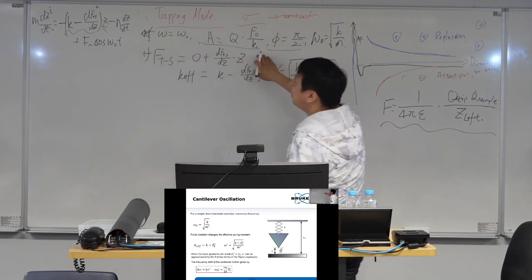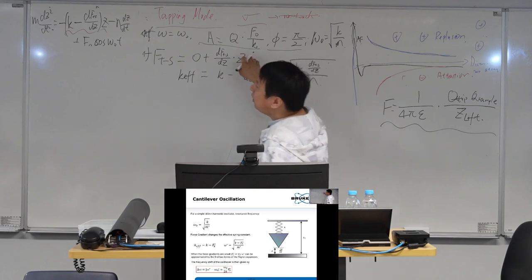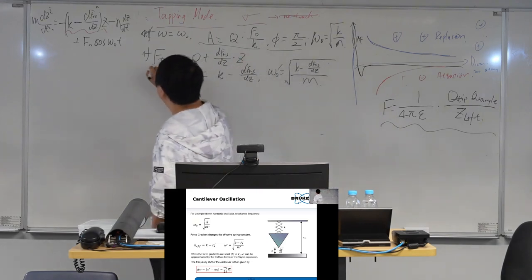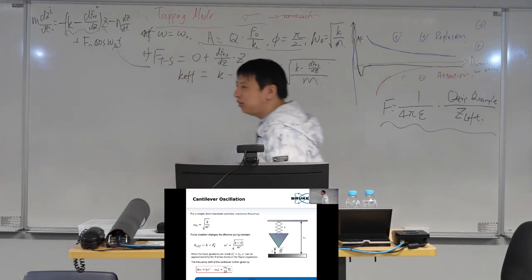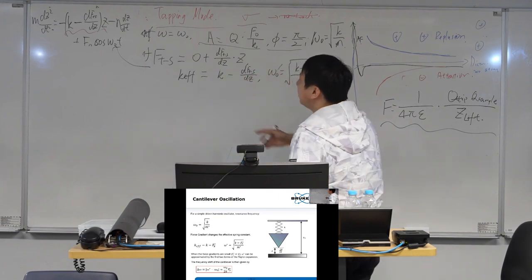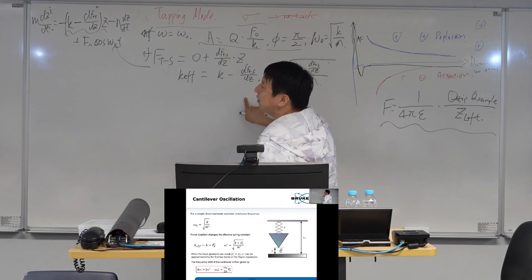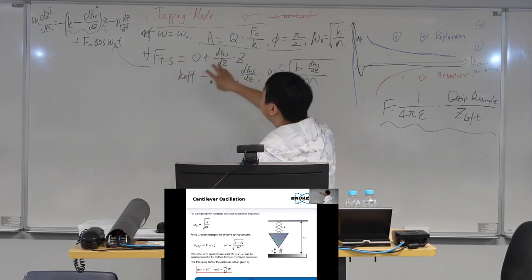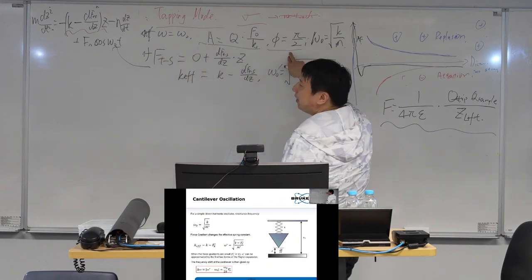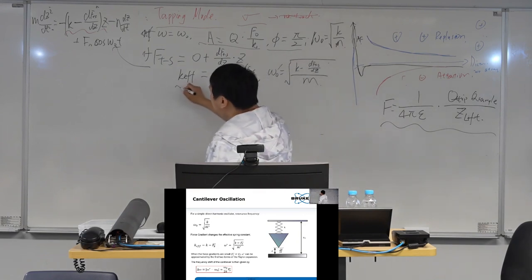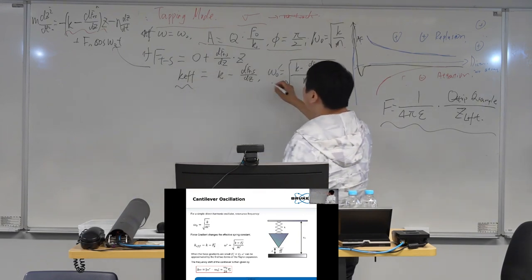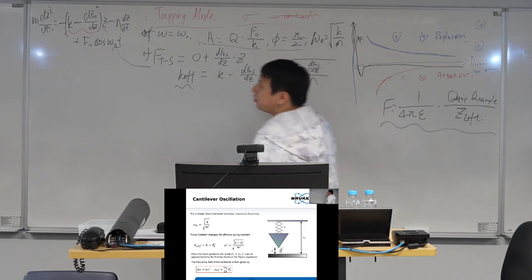After that, we put it back into the dynamic equation using Newton's second law. We got the equation, and we found that it has the same amplitude and the same phase, but the k will change, and the resonance frequency will change.